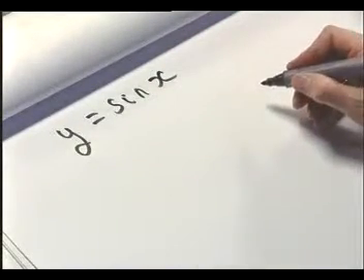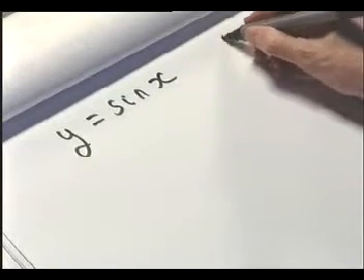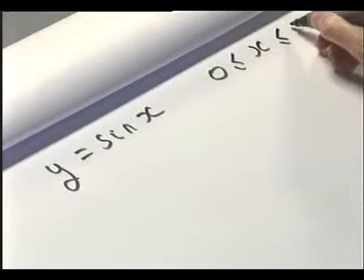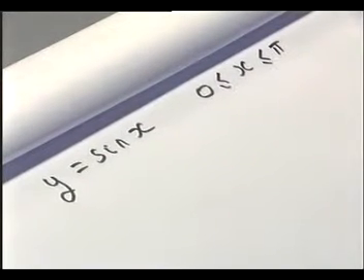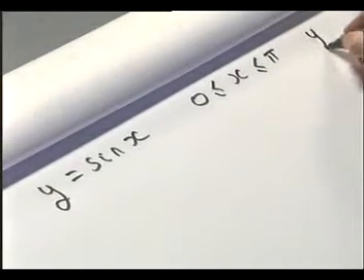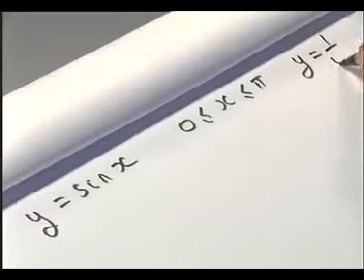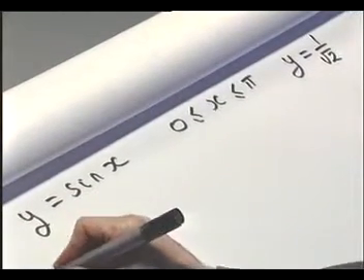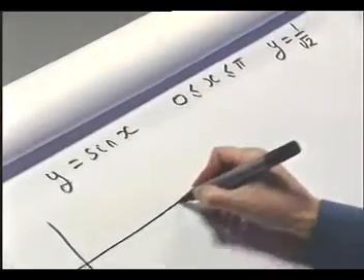We'd better define a range of values of x, so I'm going to take x to be between 0 and pi. And let's say I want the area that's cut off from that by the line y equals 1 over root 2. So, a little sketch, as always.